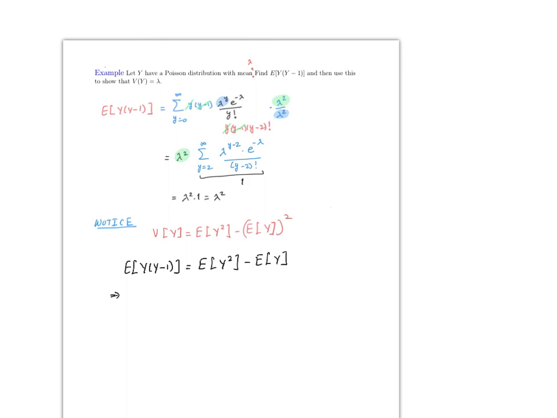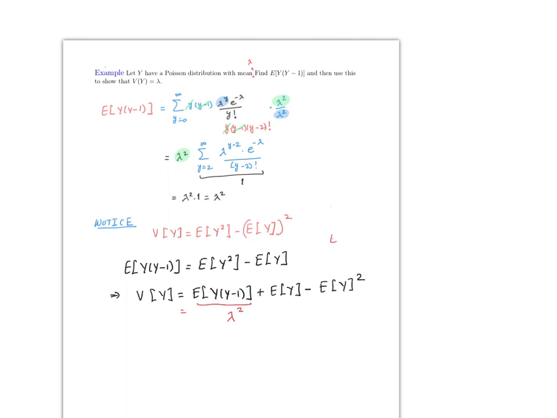So from here, it follows that the variance will be equal to the expected value of y times y minus 1, plus the expected value of y, minus the expected value of y, the whole thing squared.